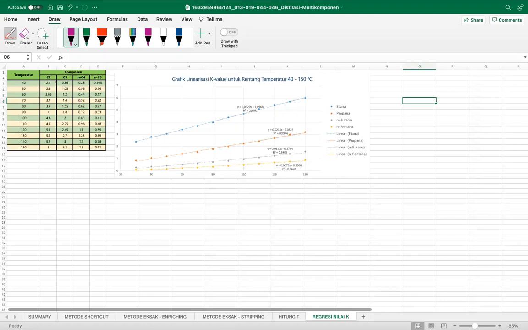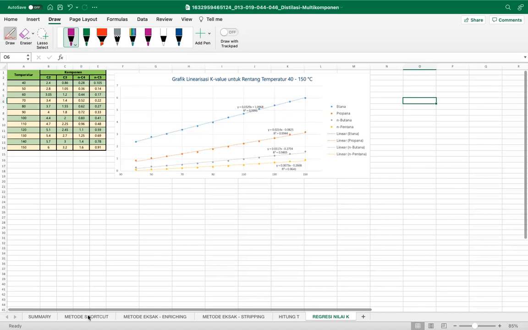Okay, and they put a graph there for ethane, for propane, for butane and n-pentane, and then they make a regression, and this is a nice regression because it is 0.99 for the linear, so we can assume that it is linear with these equations.